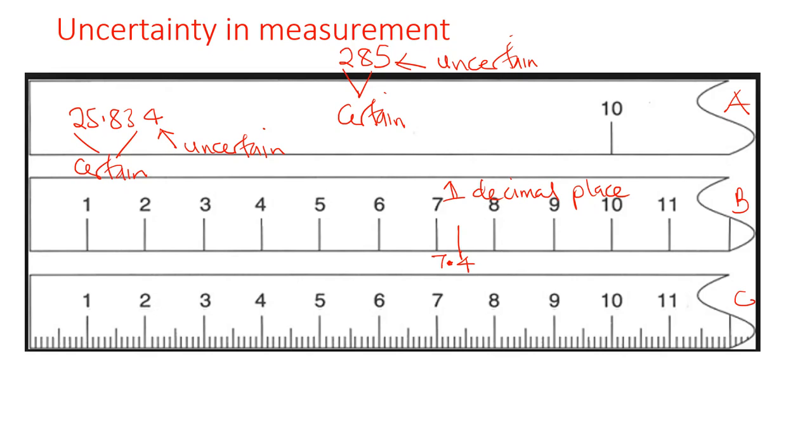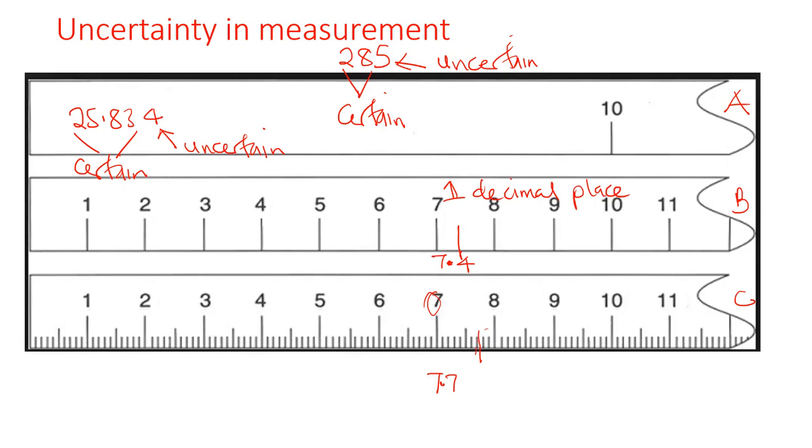You need to measure to one decimal place because you put the smallest measurement and the uncertain number. If I say I want you to give me a measurement here, I want your answer to 2 decimal points, because first you are going to have 7 from here, and then you are going to have another 7 from here.